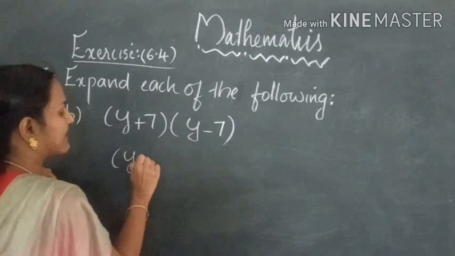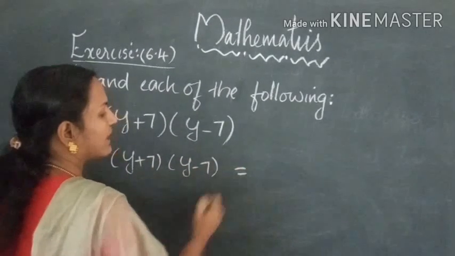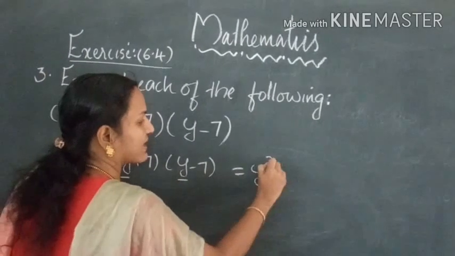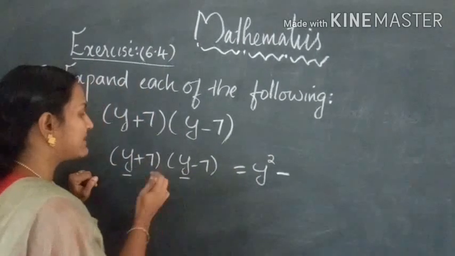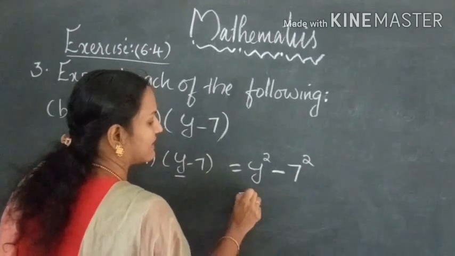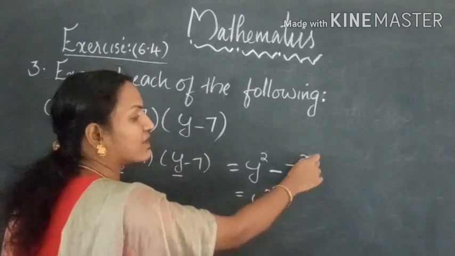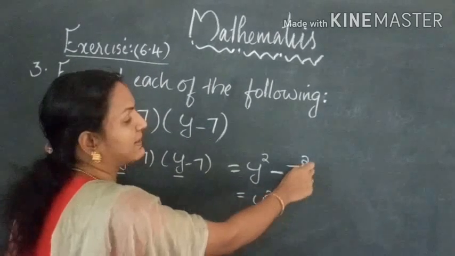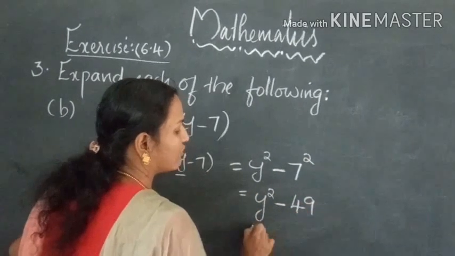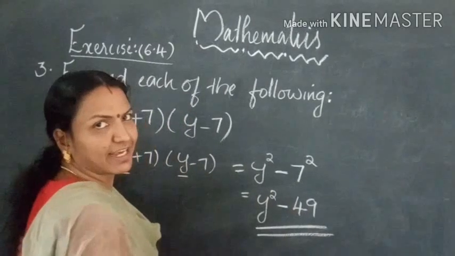So (y + 7)(y - 7) is equal to y square minus 7 square. 7 square means 7 multiplied by itself, 7 into 7, 49. The answer is y square minus 49.